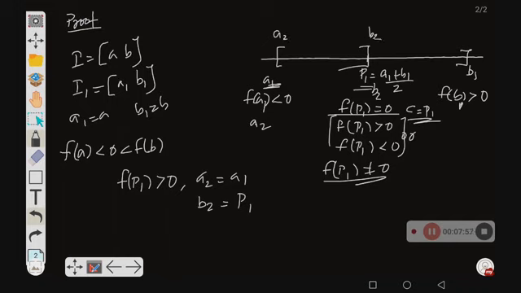Okay, a2 b2. If f of p1 is greater than 0, we take this interval.